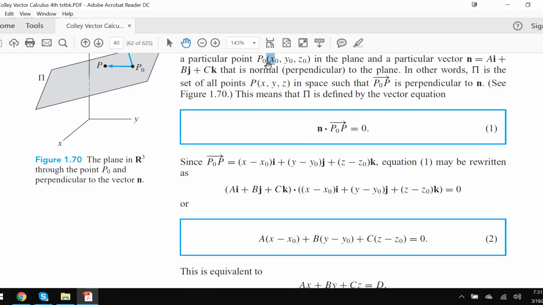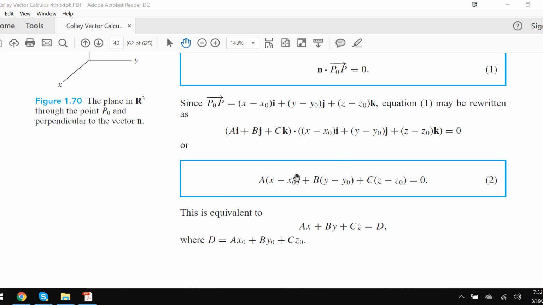So this is another expression. In other words, if P is this point, and we want to know the equation of the plane, we want to know for an arbitrary point P, is it in the plane or not? If this is true for that arbitrary point P, then it's in the plane. So this is also the equation for a plane. We can write it this way, we can also write it this way. But then you can collect all the constants, right?